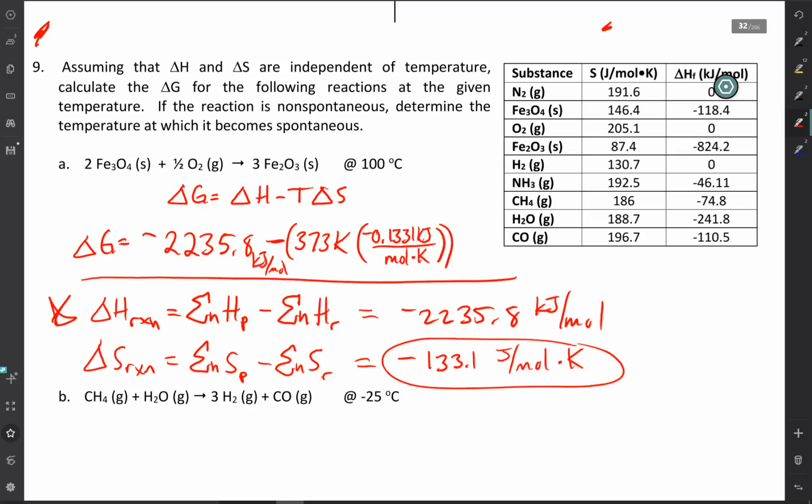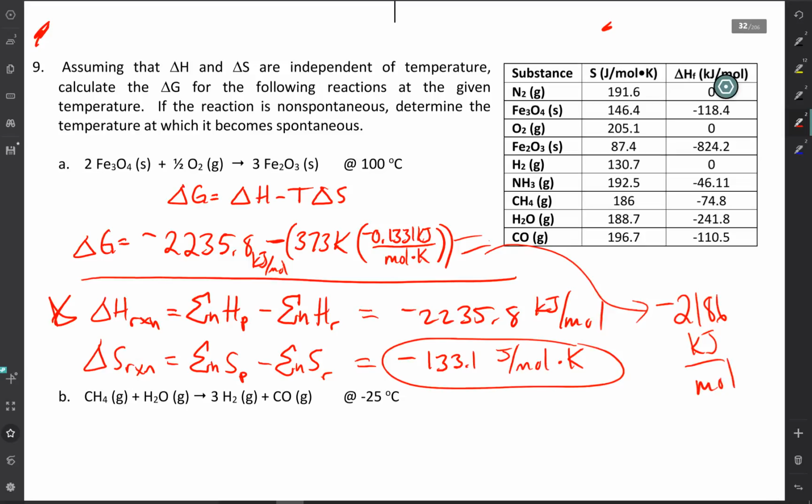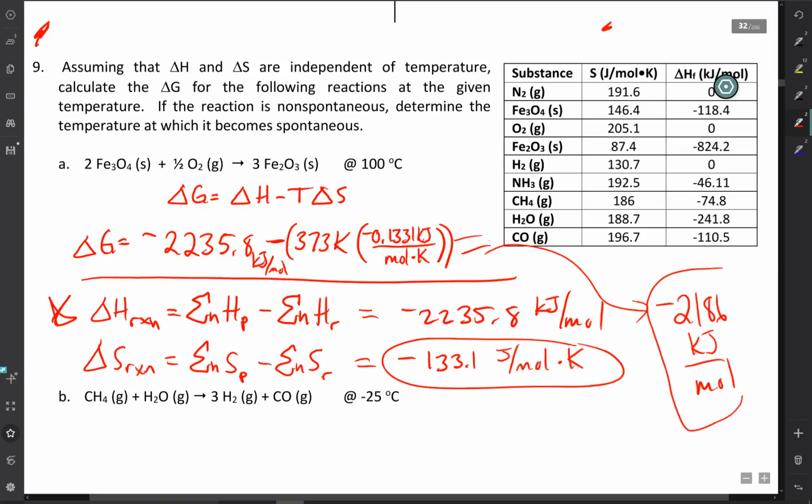I've got kilojoules per mole Kelvin times Kelvin, so the Kelvins will cancel out. I've got kilojoules per mole minus kilojoules per mole. So I can solve, and I end up with a value of negative 2186 kilojoules per mole for delta G. If delta G is equal to negative 2186 kilojoules per mole, I know that this reaction must be spontaneous.